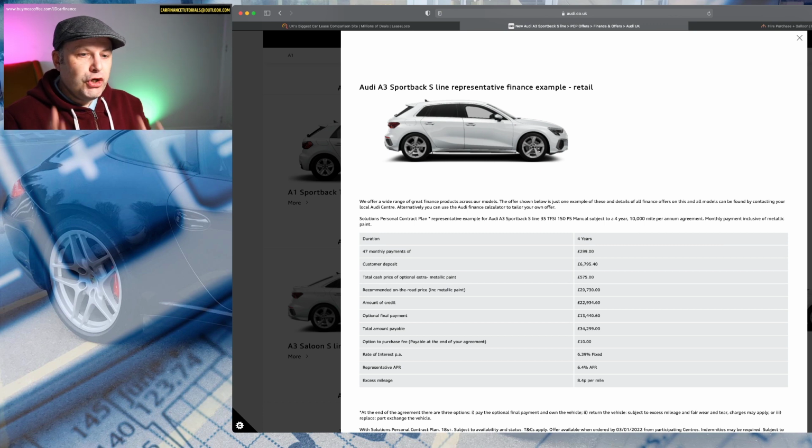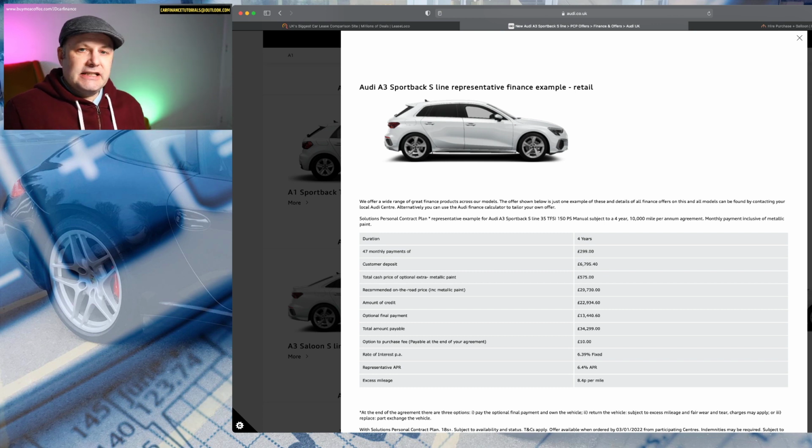However, you might go to, say, another manufacturer or another dealer, and again you look for a 48-month offer, but it might say 48 monthly payments followed by a balloon payment in month 49.